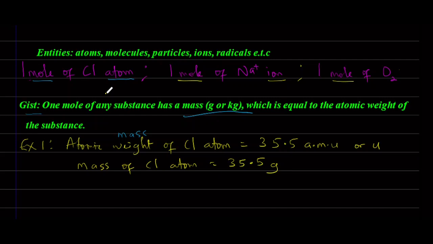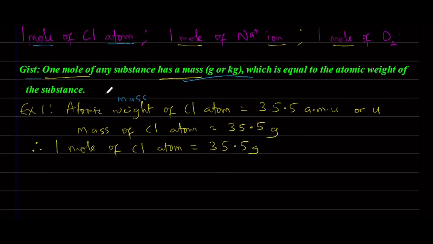Now 1 mole of any substance is equal to the mass as well. As we can see there, 1 mole is equal to the mass, which is in gram. So in short, we can simply write it as 1 mole of chlorine atom is equal to the mass, which is 35.5 in gram. Let's look at another example regarding this key point.